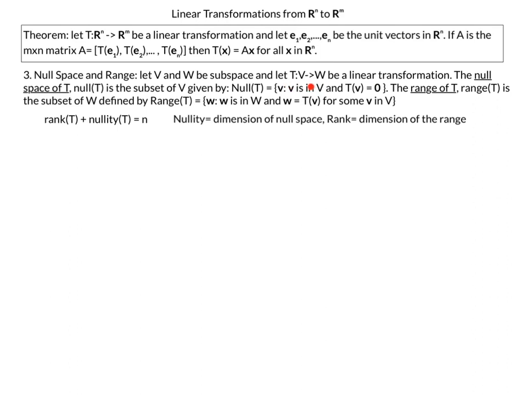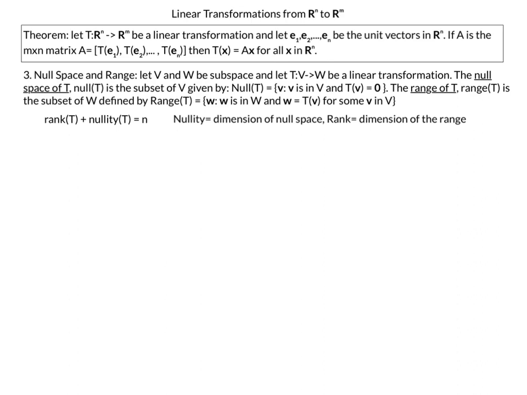So it's the vectors in V that get mapped to 0. That's the null space. The range of T is a subset of W and is equal to the vectors w in W such that there's some v in V where T of v equals w. So it's very similar to our idea of range of general functions.